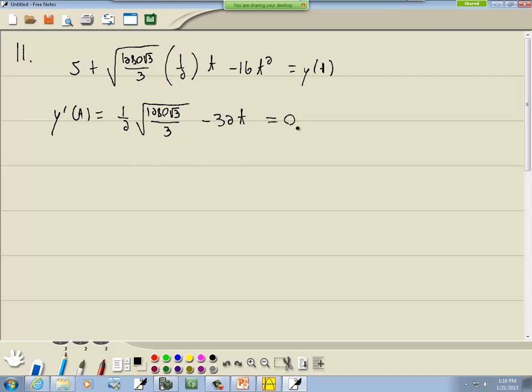And I'll take negative 32 over, so we've got 1/2 square root of 1280 square root of 3 over 3 equals 32t. Divide both sides by 32, and we're going to have 1/2 1280 square root of 3 over 3 divided by 32.